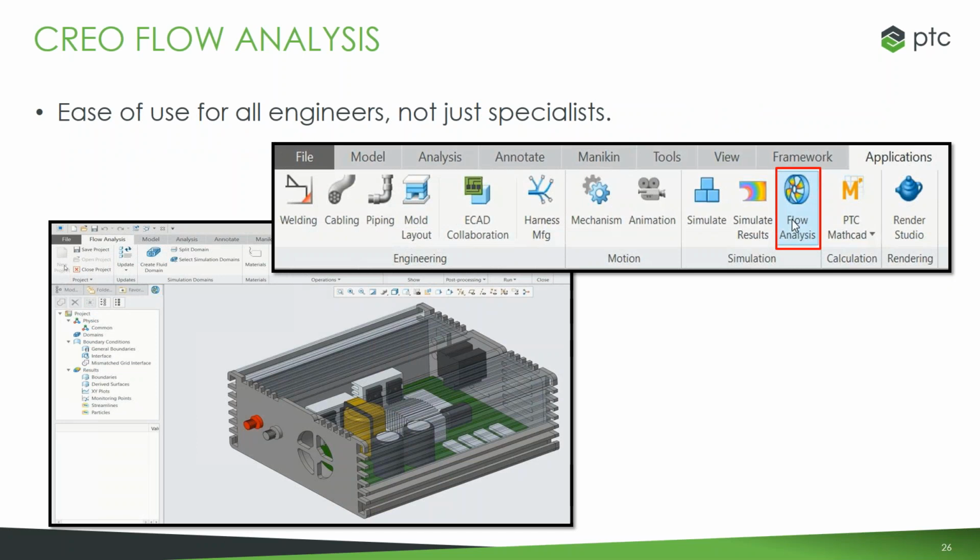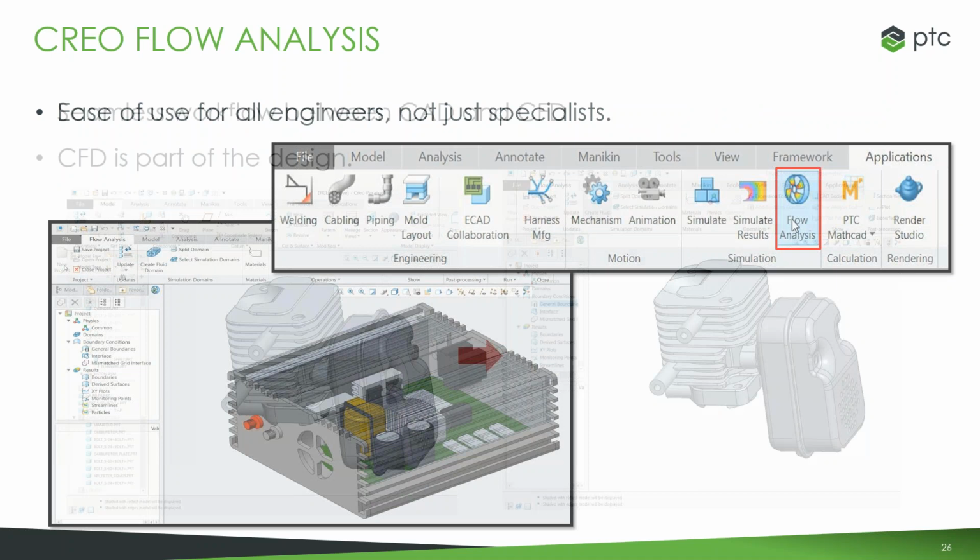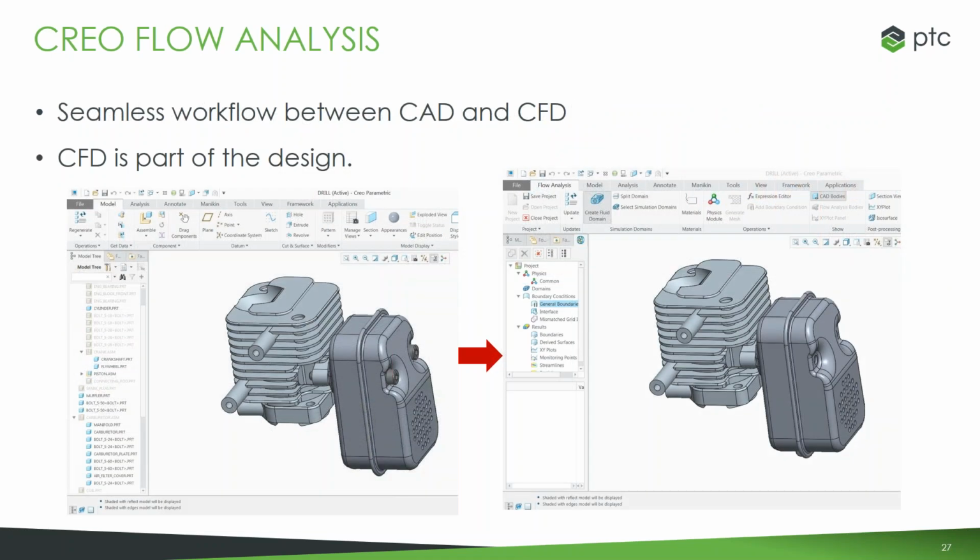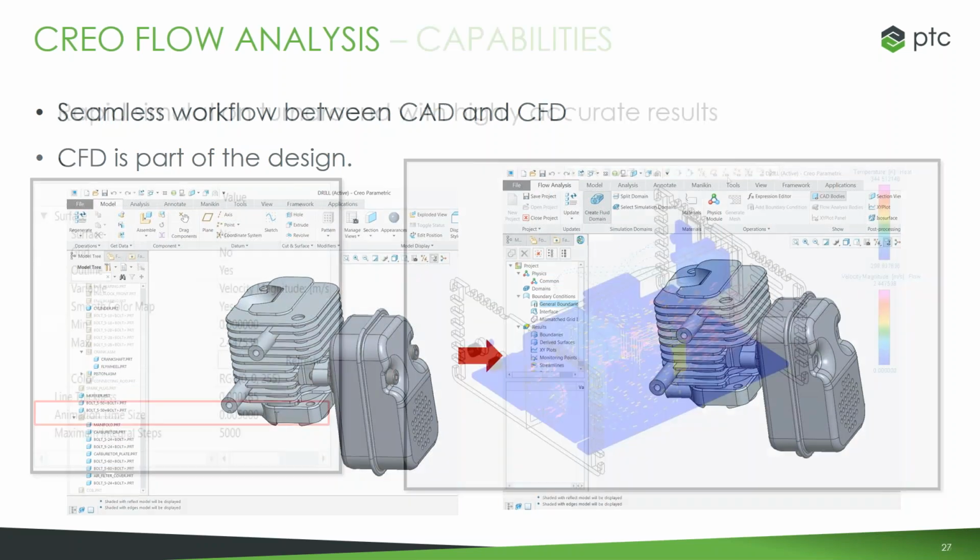It's going to be able to be worked from directly inside of Creo, so it's a seamless workflow. Again, you don't have to worry about exporting your model and bringing it into a simulation software, and it allows you to make CFD part of your design process early on. And because it's so integrated, you can quickly go in, check your model, see how that fluid analysis looks, go back, make changes to your model, and then run the simulation again to see what changes you're getting very quickly.